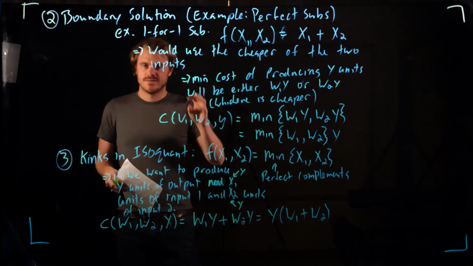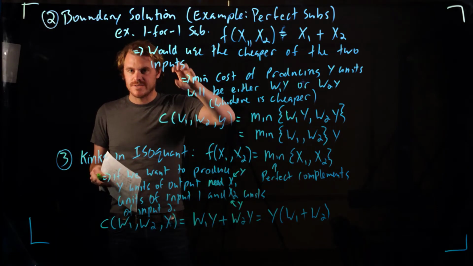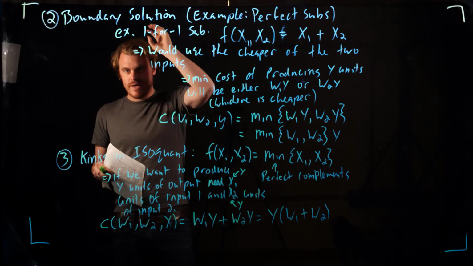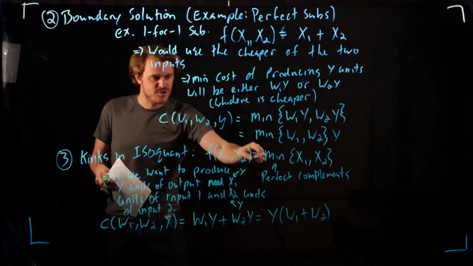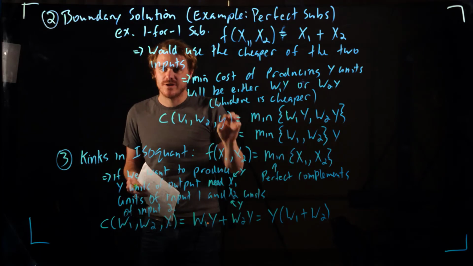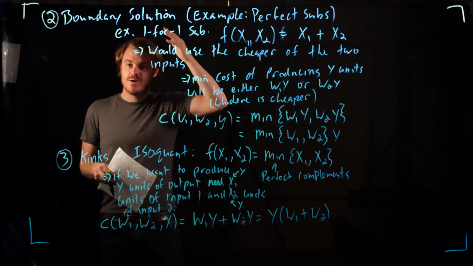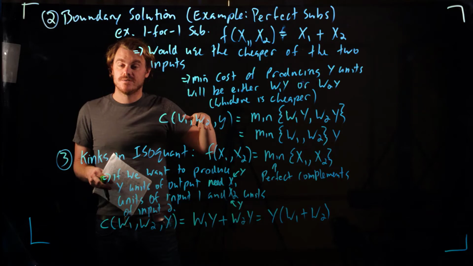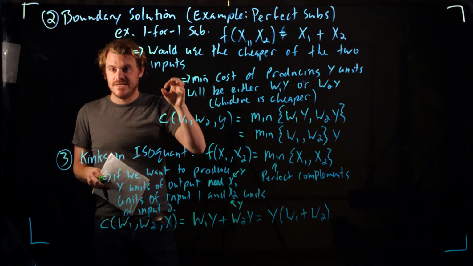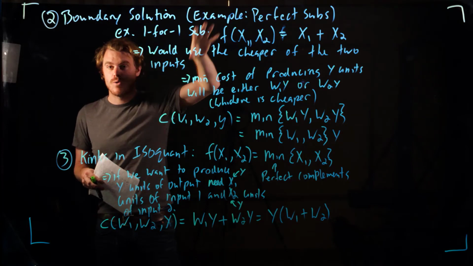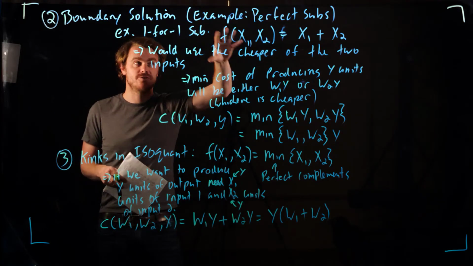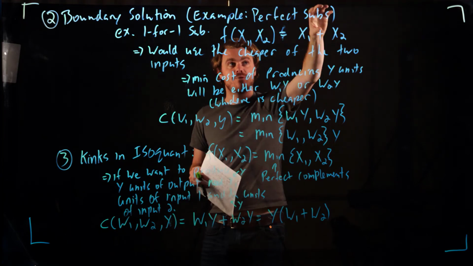All right, so those are 3 categories of problems. We have the nice smooth one where we don't have any kinks. That means there's no min argument in the production function or something like that. And we don't have corner solutions. Then we can use that tangency condition. The second category of problems is when we have this boundary solution, and that's going to happen, for example, when we have perfect substitutes.